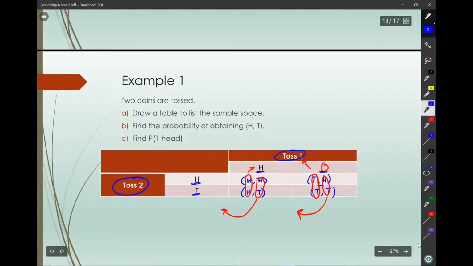Let's calculate some probabilities. Probability of getting head then tail. And this is how we write the probability of a two-step experiment. What we're specifically looking at here is the probability of getting a head on the first throw and a tail on the second throw.